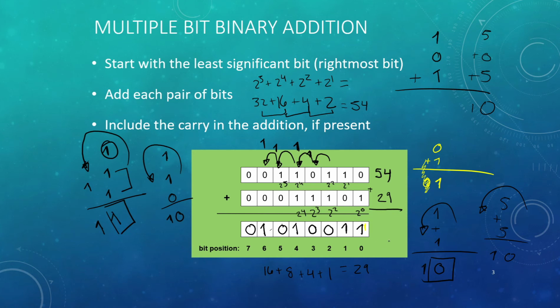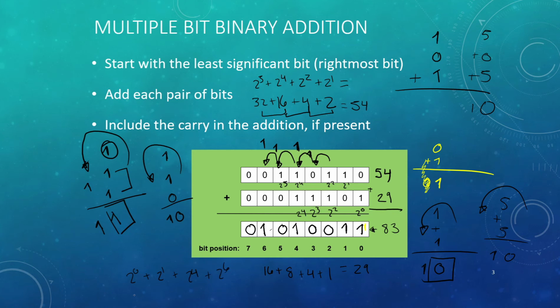So what is the value of 54 plus 29? That is 83. So this value right here should be 83. Let's calculate it. 2 to the 0 plus 2 to the 1 plus 2 to the 4 plus 2 to the 6.